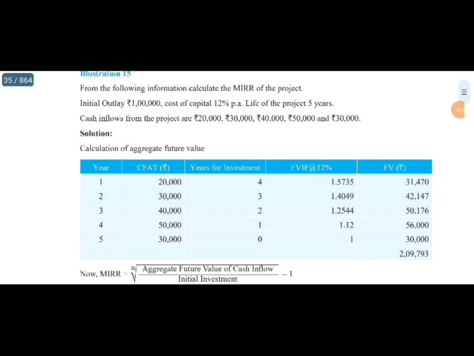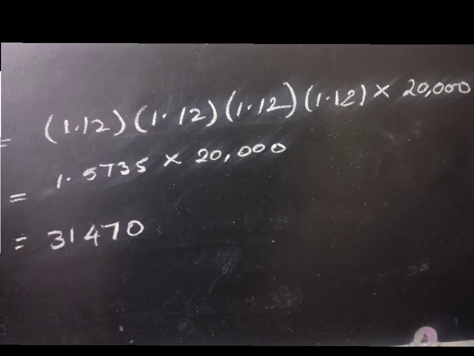So 1 plus 12% is 1.12. We have to multiply 1.12 four times, that is 1.12 into 1.12 into 1.12 into 1.12. We will get 1.5735.